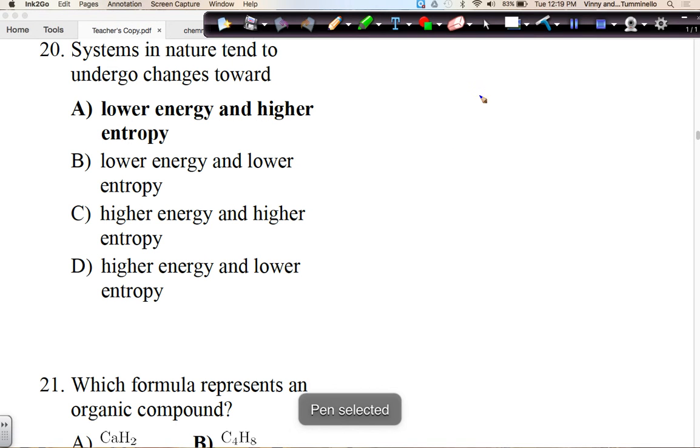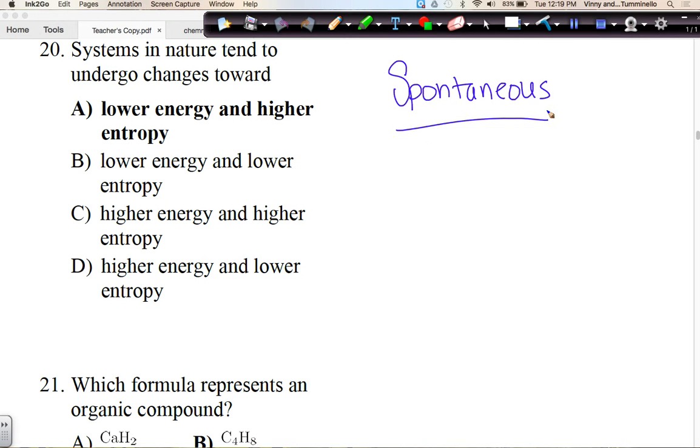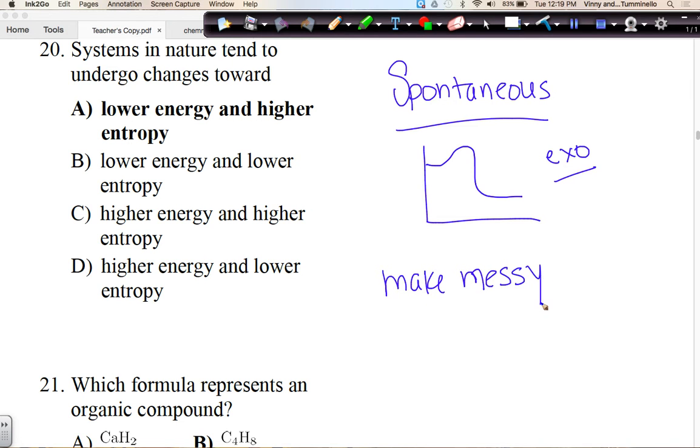Number 20, when they say systems in nature tend, we're talking about the way that reactions could be thermodynamically favored. Sometimes we also call this a spontaneous reaction, and we said that reactions tend to be exothermic, which is going to lower energy, and that they tend to become messy, which is increasing entropy.